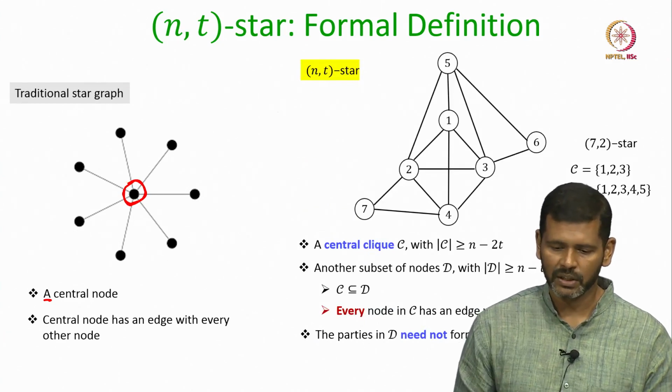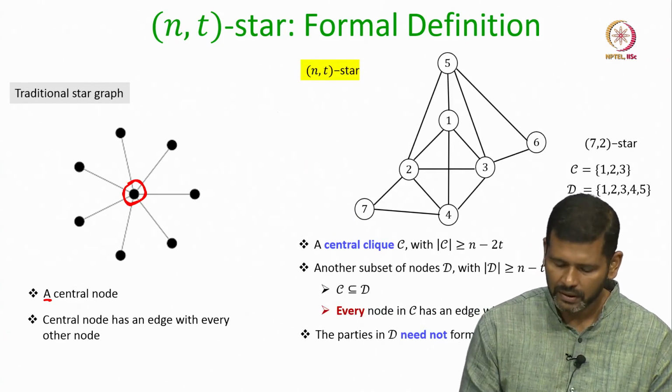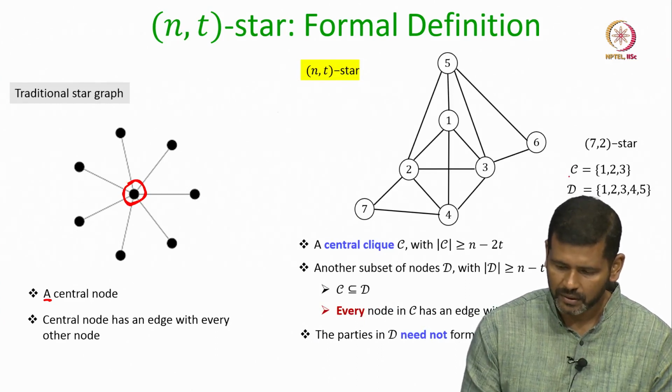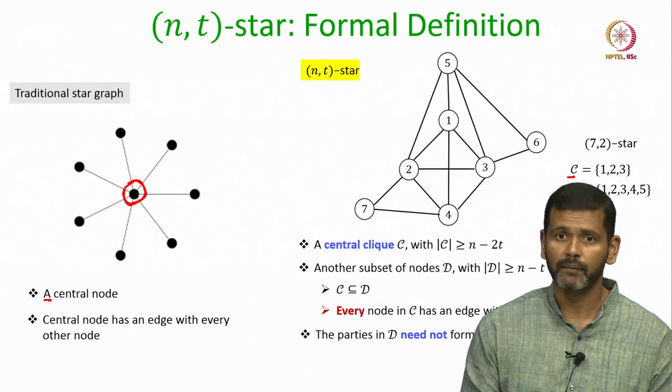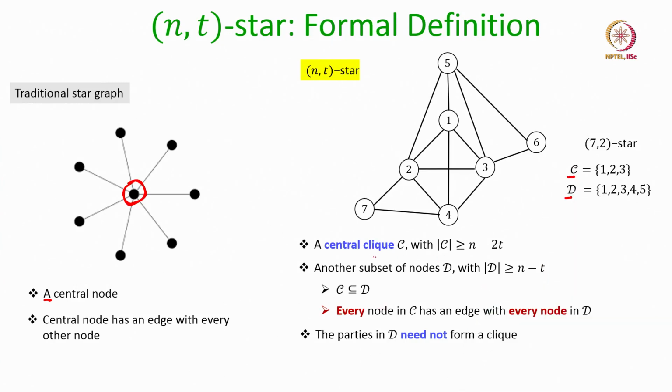Now, when we say NT star structure in a graph, then we are basically talking about two sets, a set fancy C and a set fancy D, and they should have the following properties. You have n vertices in total, and t is a parameter for the NT star.